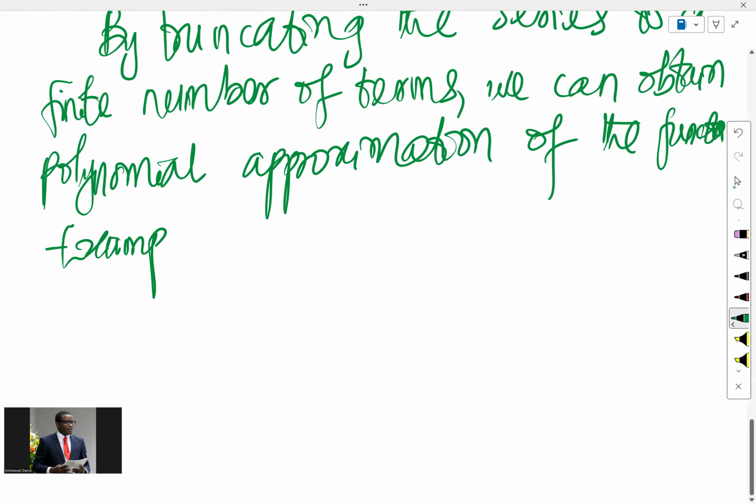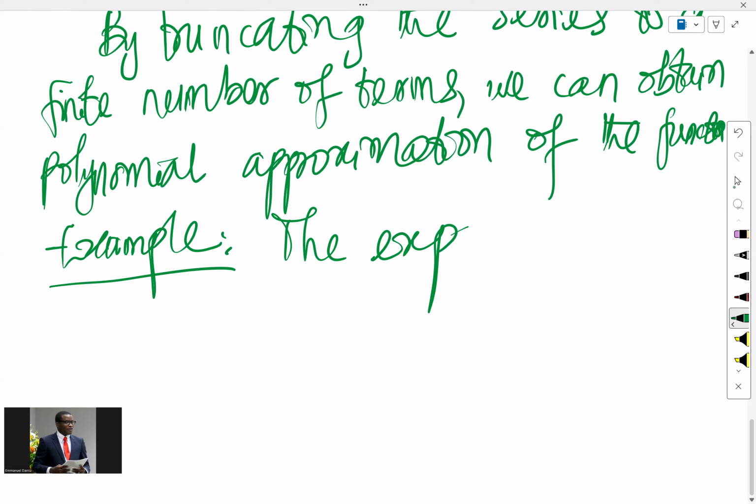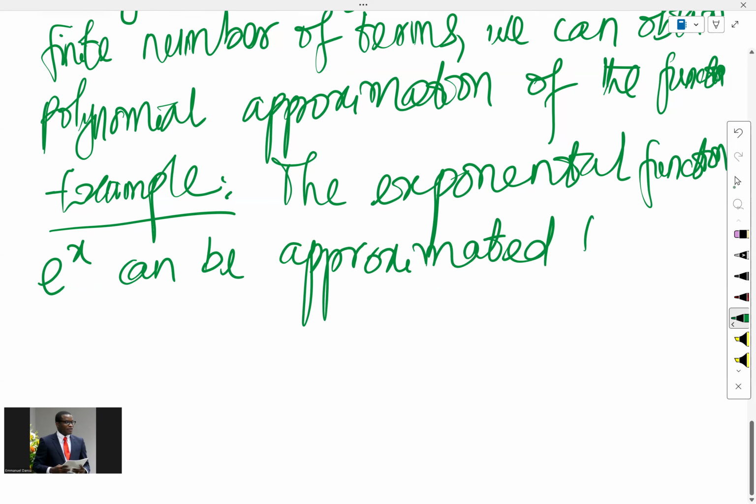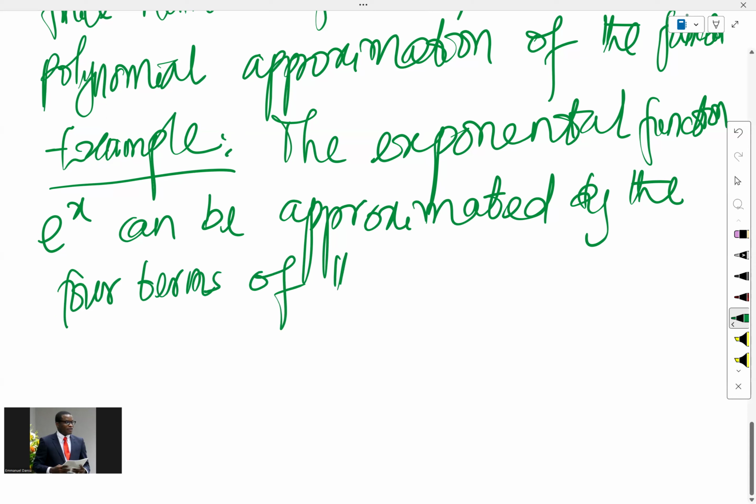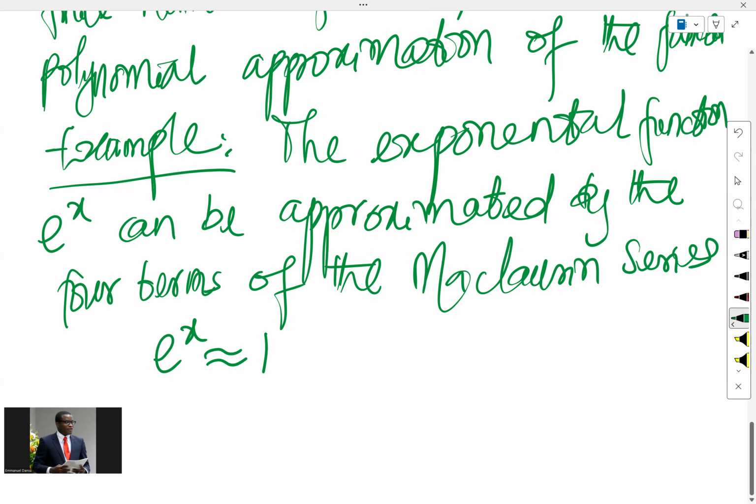Okay. And we have an example to drive the point home. Say that you have the exponential function, e^x. It can be approximated, we've done that a couple of times, by four terms of the Maclaurin series, such that e^x is approximately 1 plus x plus x squared over 2 factorial plus x cubed over 3 factorial.